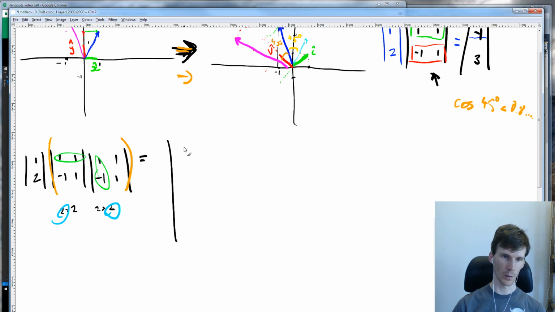Then the next one is 1 times 1 plus 1 times 1. This one, for the lower one, is -1 times 1 plus 1 times -1.